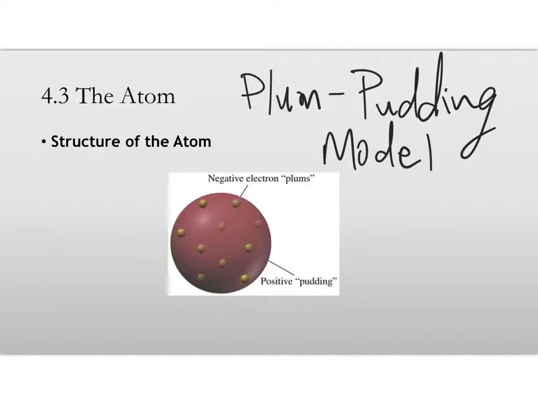Now, he was British, and in England, British people call raisins plums, and they call cake pudding for some reason. So a plum pudding model is really a raisin cake model, where the cake part, the batter, the bread, is the positively charged material within the atom, and the raisins would be the electrons or the negatively charged parts of the atom.